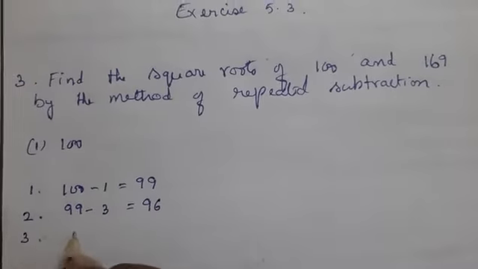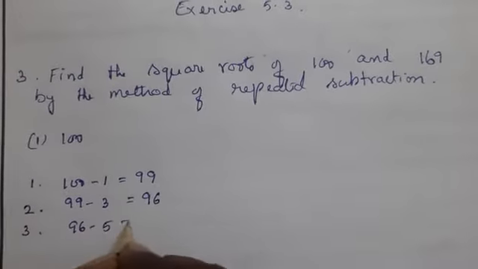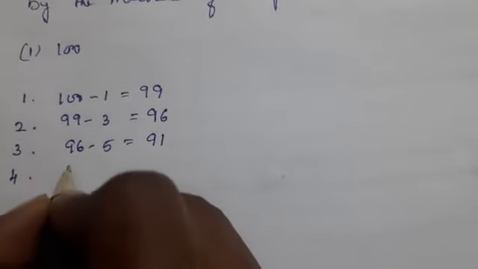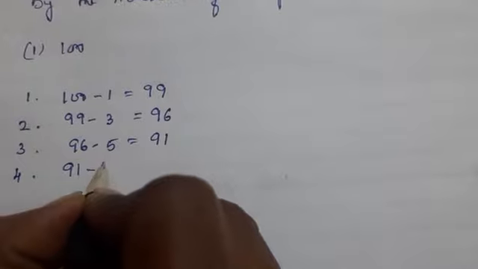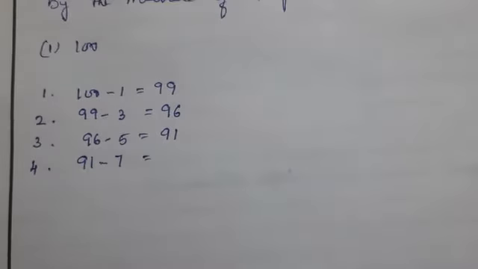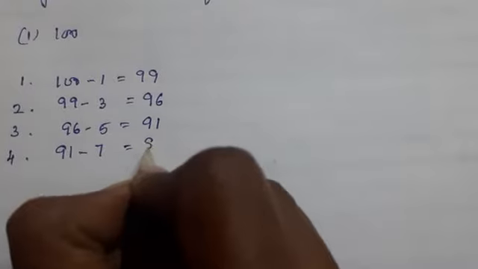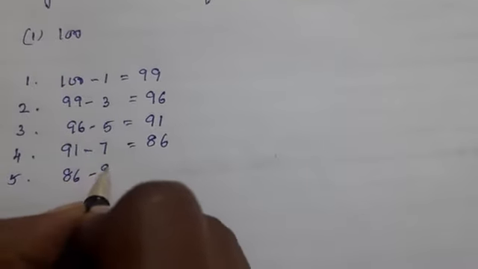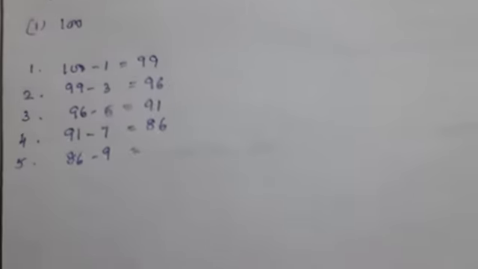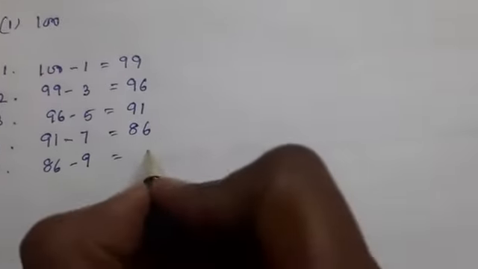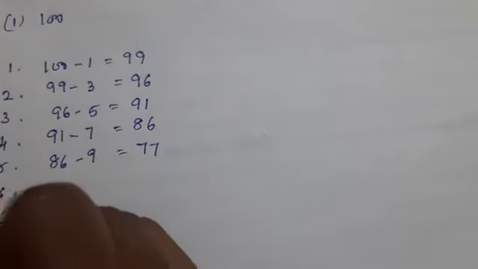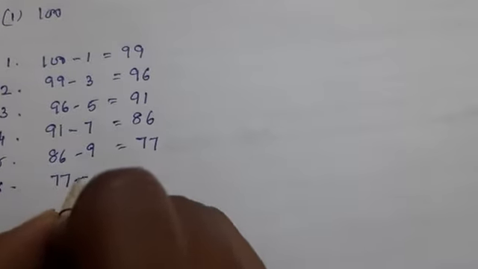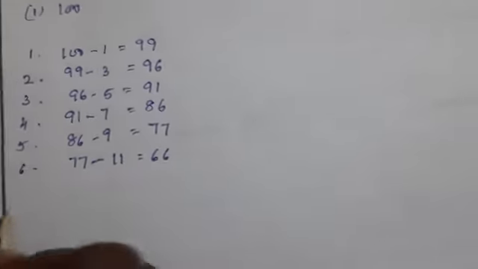96. 96 minus 5, how much? 91. Fourth, 91 minus 7, how much? 86. Fifth, 86 minus 9, how much? 77. Sixth, 77 minus 11, how much? 66.